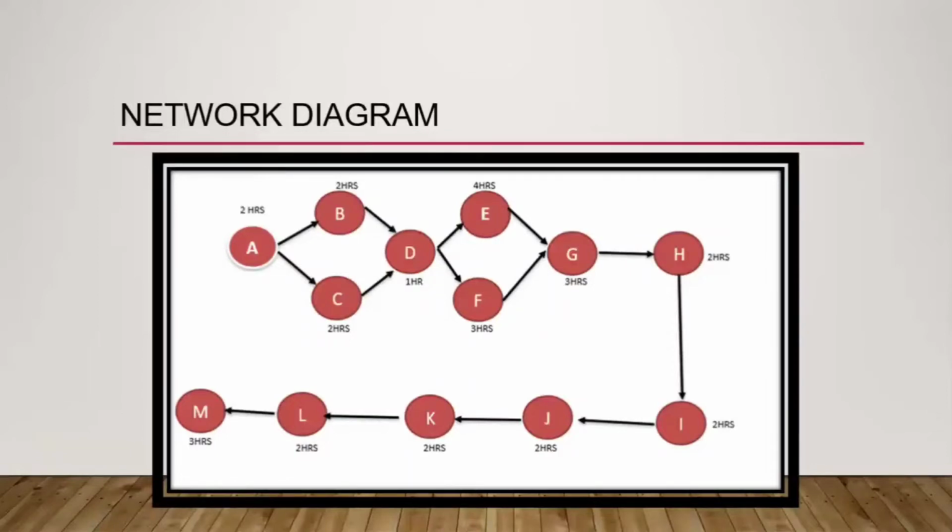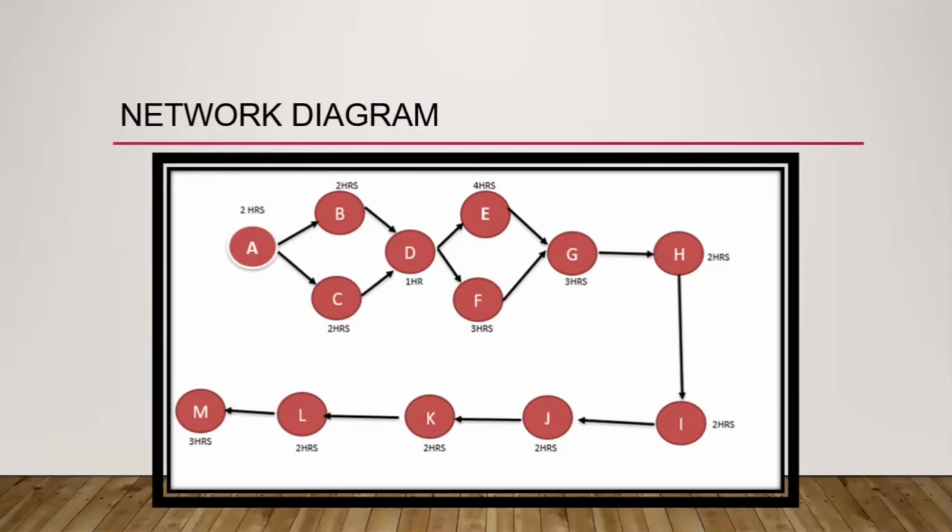So here is the network diagram. As you can see, A is 2 hours, going to B, 2 hours, and C, and BC is going to D, 1 hour, and D is going to E and F, so E is 4 hours and F is 3 hours.